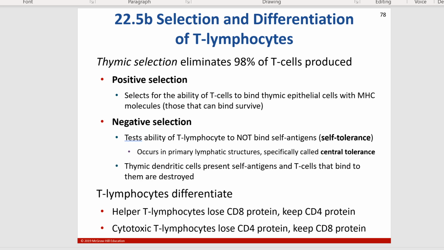There's a positive selection, which selects for the ability of T cells to bind thymic epithelial cells with MHC molecules. Those that can bind survive. And negative selection tests the ability of the T lymphocyte to not bind self-antigens, self-tolerance. It occurs in primary lymphatic structures, specifically called central tolerance.